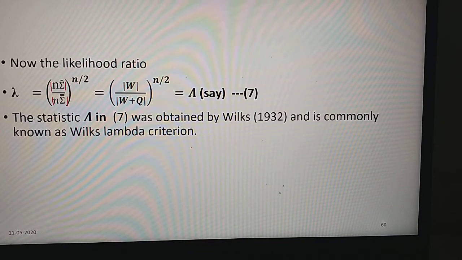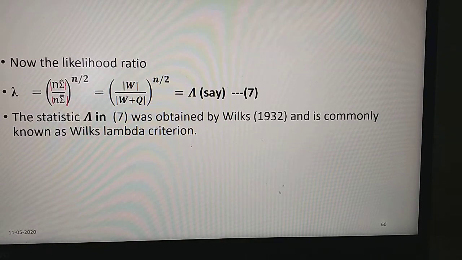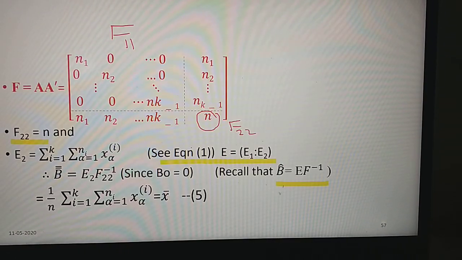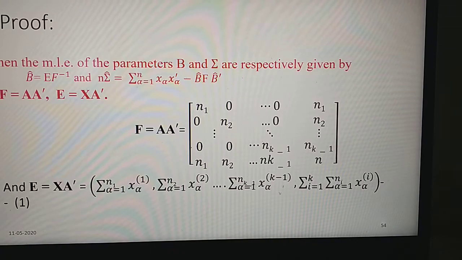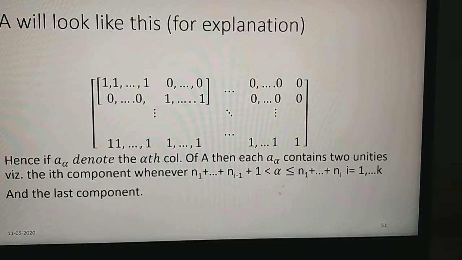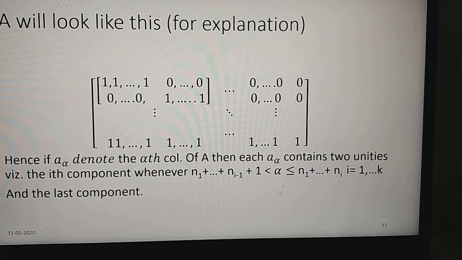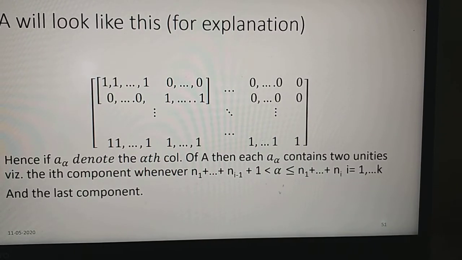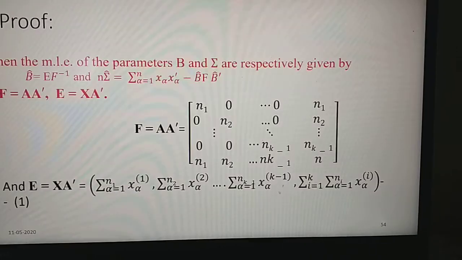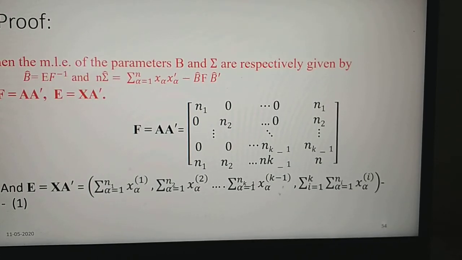So I think the theorem is not that difficult, but there is a lot of matrix algebra that you have to understand. The main part is the matrix F and the matrix A. If you understand how the matrix A will look, then you do the algebra for F A prime, and after that the other things are all matrix algebra.